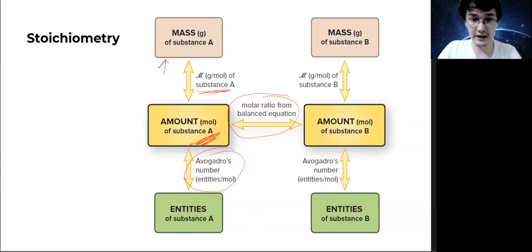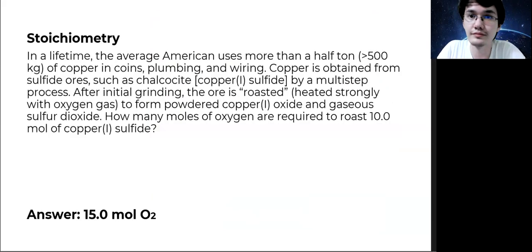So, let's give an example. For this problem, in a lifetime, the average American uses more than half a ton of copper in coins, plumbing, and wiring.